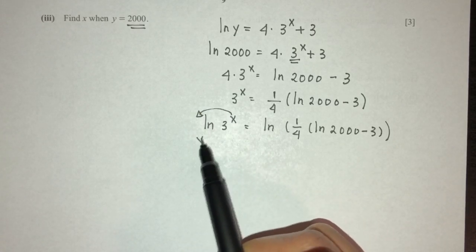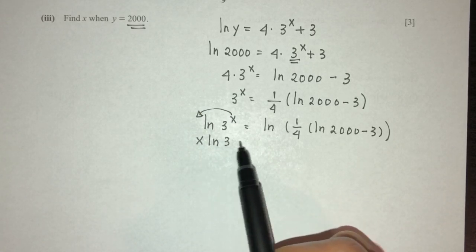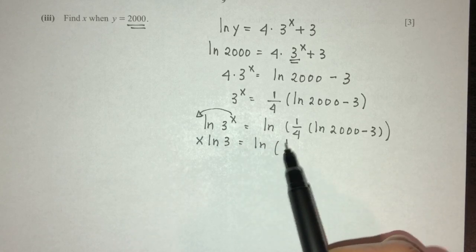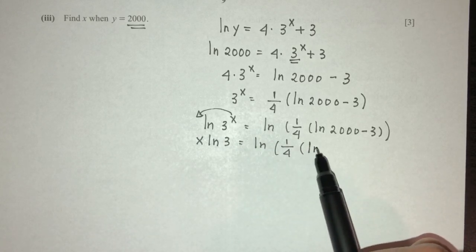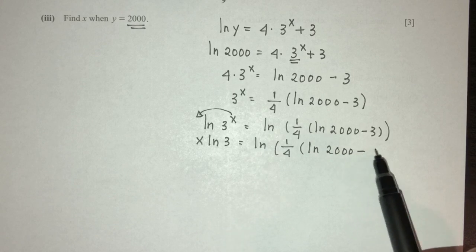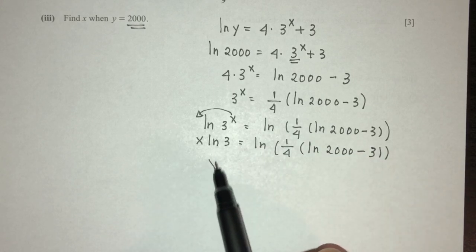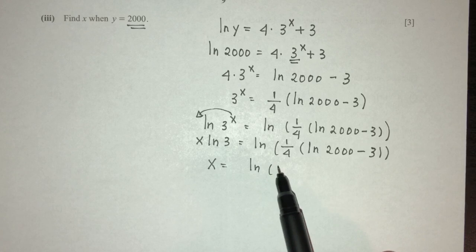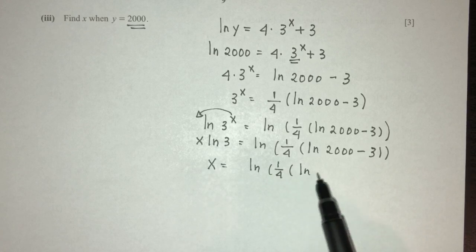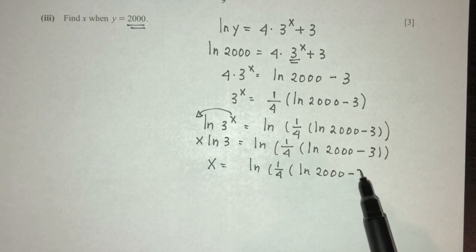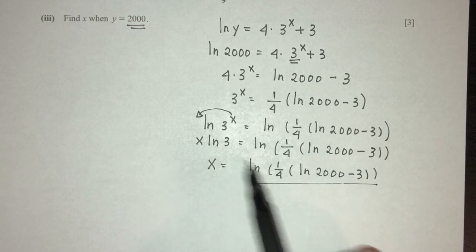So x ln 3 equals ln of one over 4 times (ln 2000 minus 3). Now x is equal to ln of that divided by ln 3.